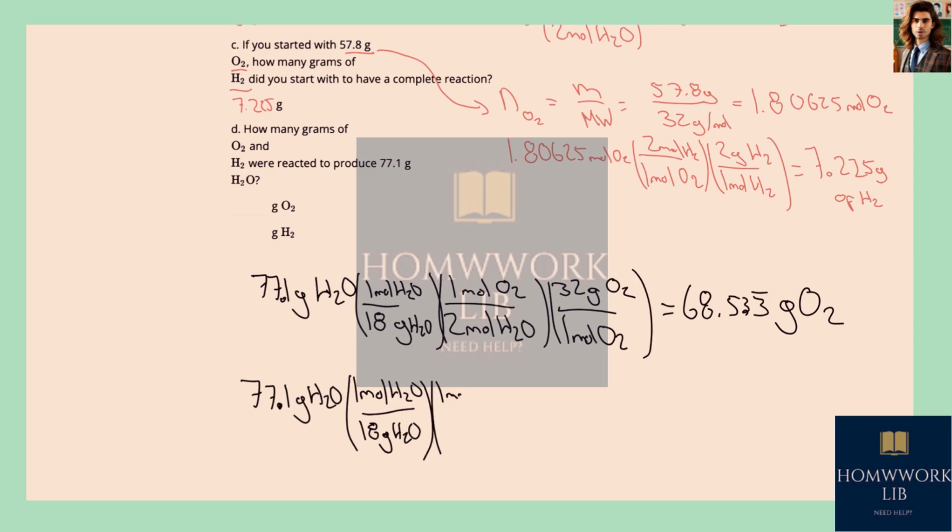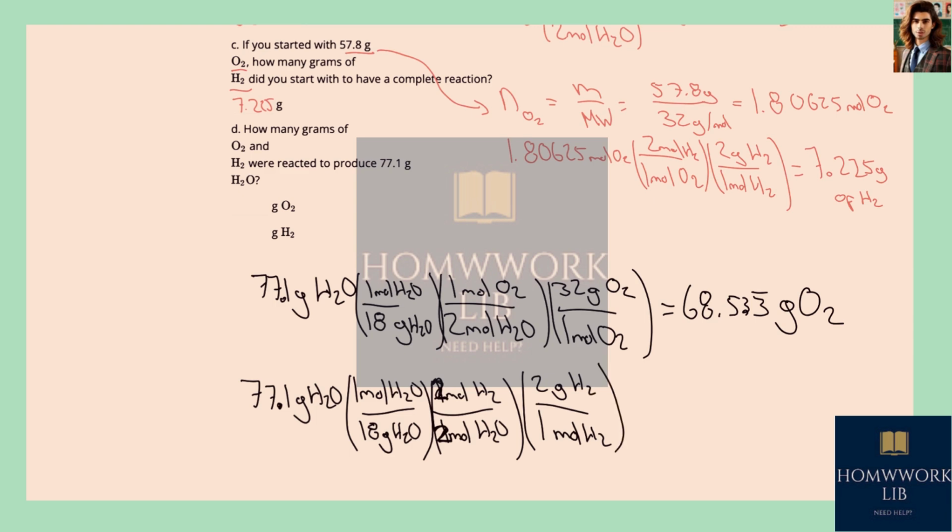Next, we know that 1 mole of H2 is going to produce 1 mole of water. Well, in this case, it would be 2 mole of H2 to 2 mole of water, but since this is a 1-to-1 relationship, this is going to be the same, but just to be extra accurate about it. And we know that 1 mole of H2 is going to be equal to 2 grams of H2.